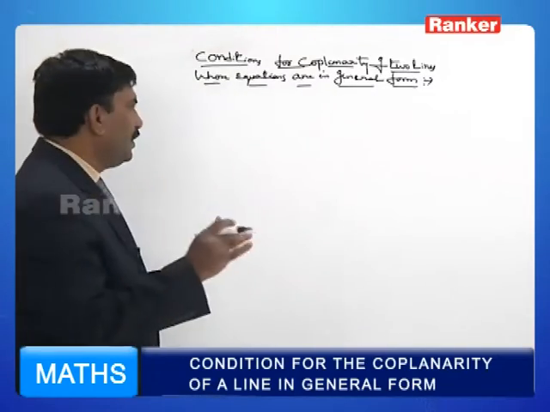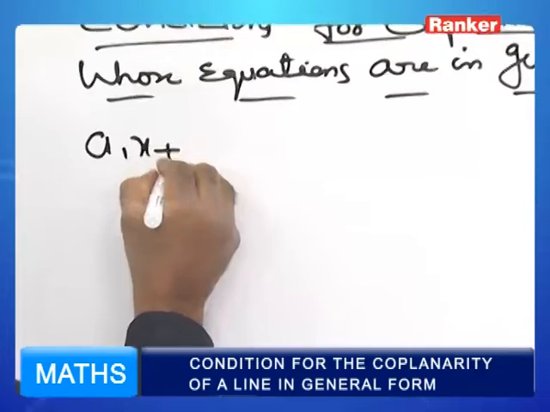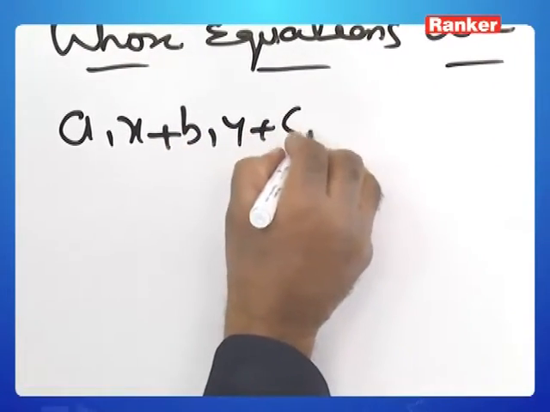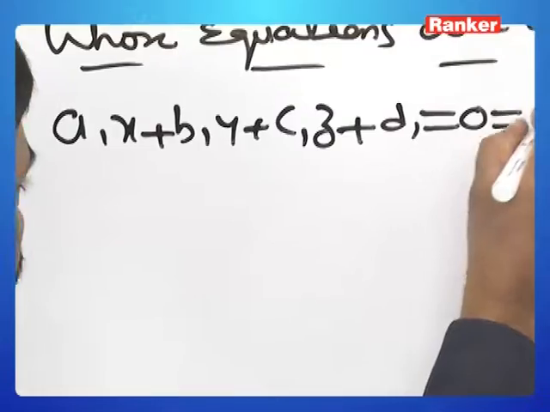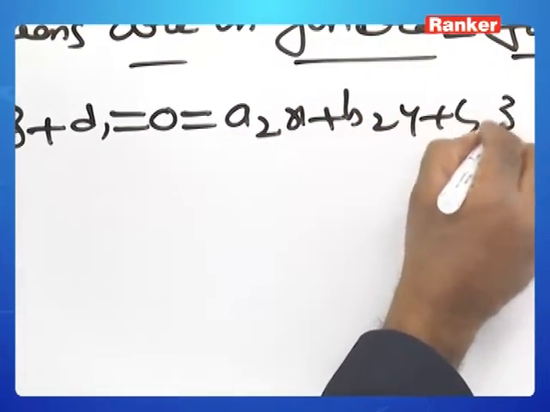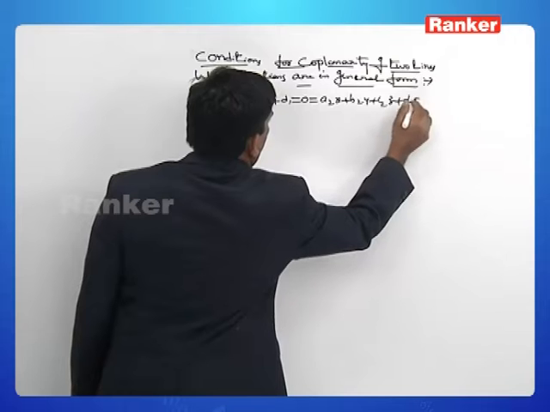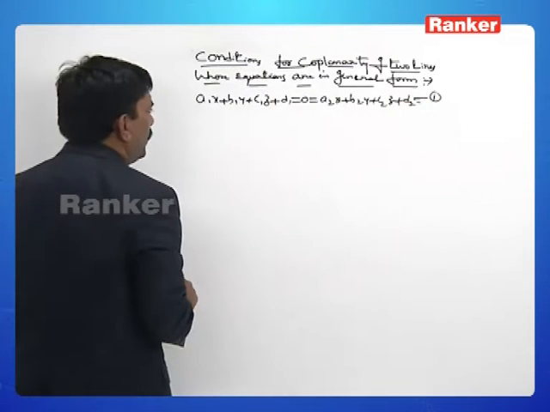Let the two lines be A1x + B1y + C1z + D1 = 0 = A2x + B2y + C2z + D2. You call this equation 1.